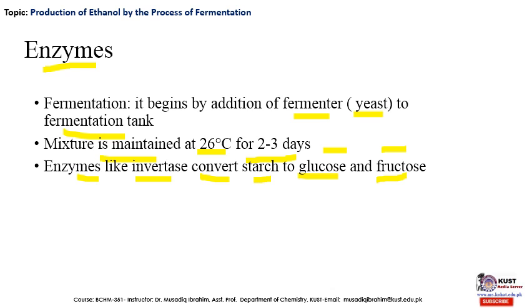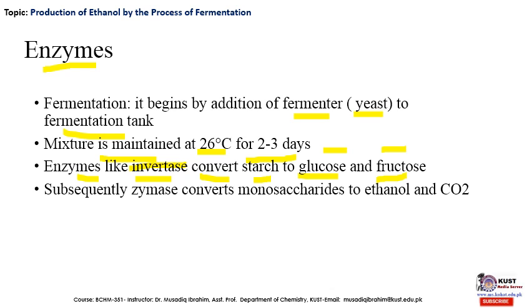Now you can see that invertase has a very important role, converting the polysaccharides into monosaccharides of carbohydrate molecules, and subsequently the zymase enzyme acts on the fructose and glucose molecules, converting them to ethanol and carbon dioxide.